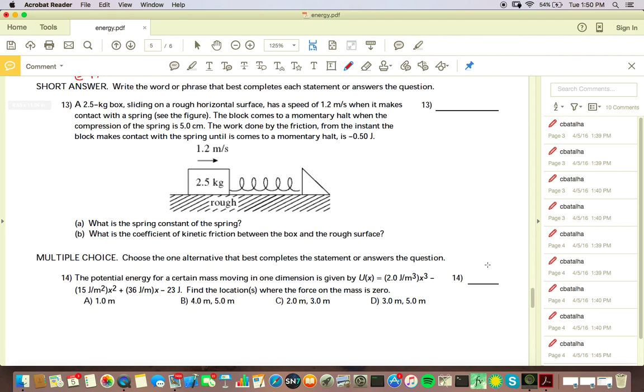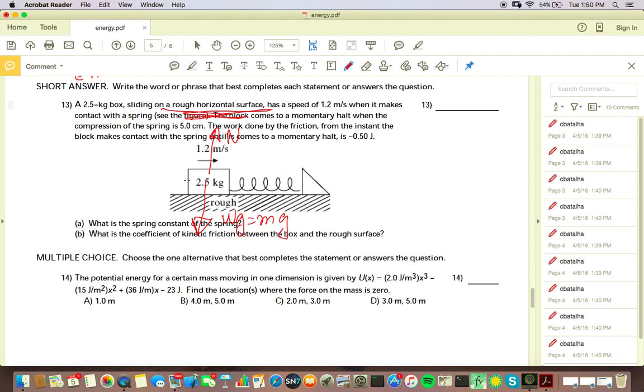And the last one is the problem number 13. We have a block, 2.5 kilograms, that slides on a rough horizontal surface. So we have friction. And since we have friction, there are dissipative forces at play. So if you do a free body diagram on this block, what are the forces on it? We have the weight. We have the normal force acting on it.